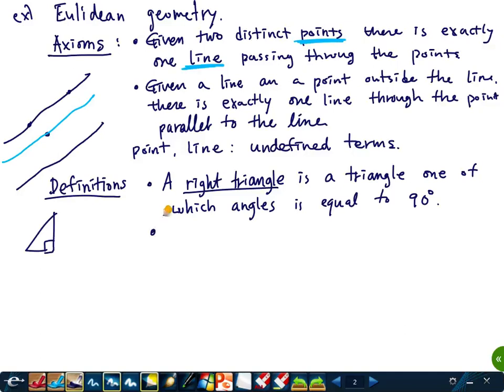Yeah, actually there are a lot of definitions in Euclidean geometry. I'm just listing two.